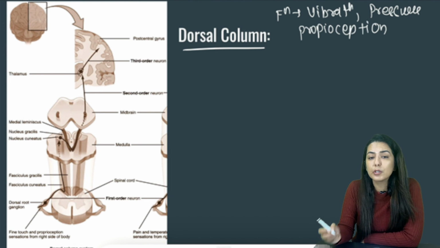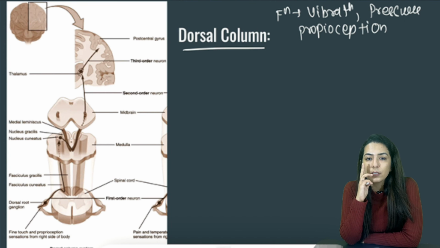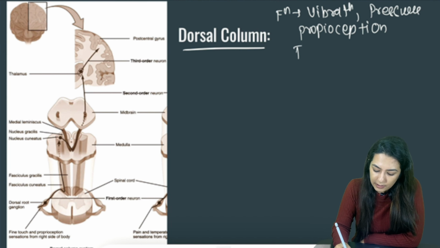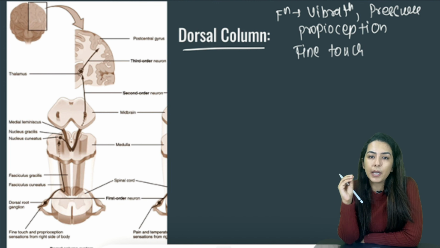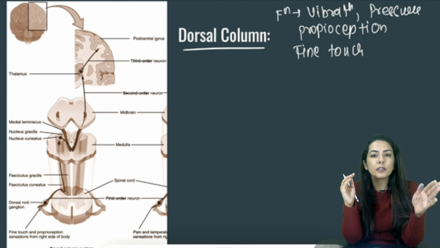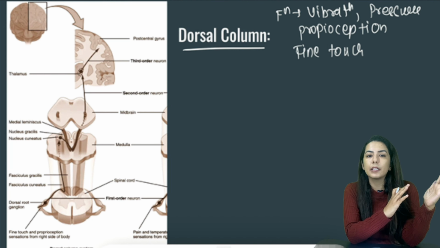And remember, I told you touch is of two types, fine and crude. Fine requires faster conduction of the sensation, so fine touch is by dorsal column. Why dorsal column? Dorsal column is heavily myelinated. The corticospinal tract is a descending or motor system, and it is heavily myelinated.